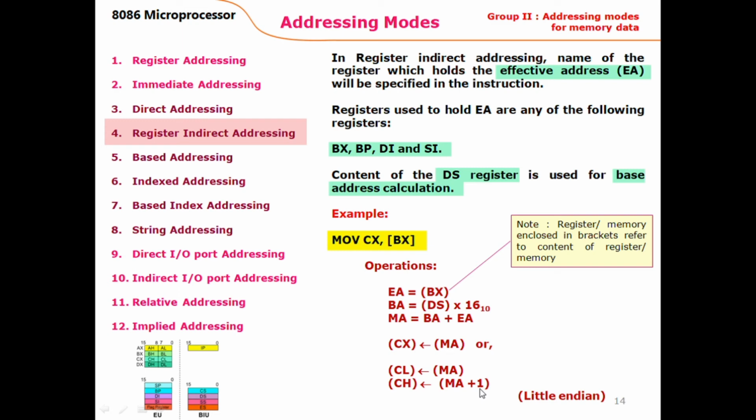So the byte in the next memory address is copied to the higher part of the CX register, which is CH. And this format is called little endian, where the low byte in memory is transferred to the low register and the high byte is transferred to the high register.